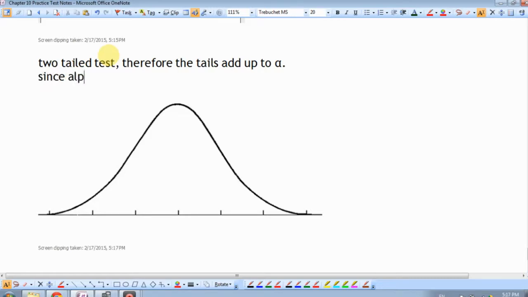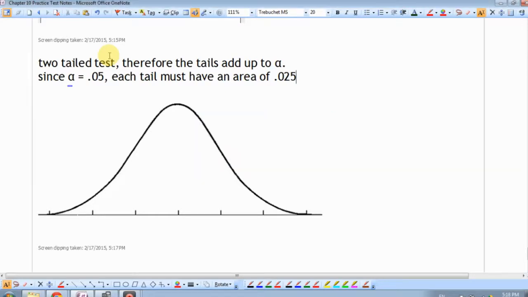Since alpha equals 0.05, each tail must have an area of 0.025. Let's figure it out. If it was just a one-tail test, then one tail would be alpha.